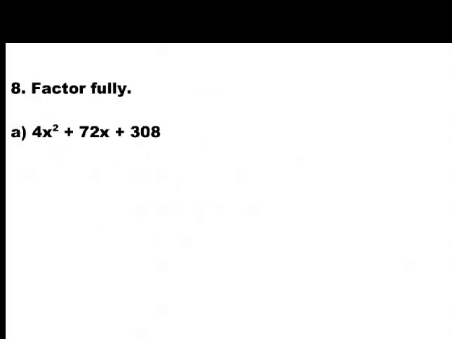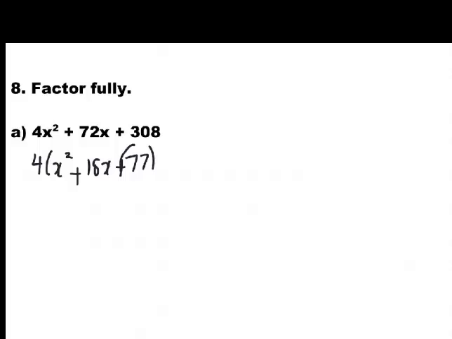The next example says factor fully 4x squared plus 72x plus 308. The first thing we do is that we common factor, we can take 4 out, so we get x squared plus 18x plus 77. Now, there is no common factor, the leading coefficient is 1, so I can use the sum and product.